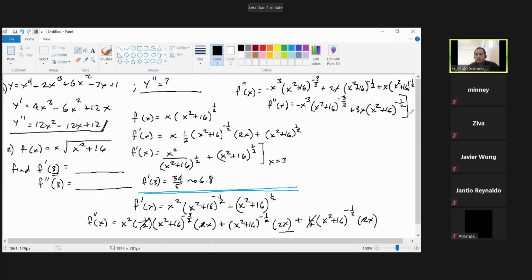And you just need to evaluate this at x equal to 3. We only have less than a minute left, so you should arrive at f double prime of 3 is now equal to 198 over 125. Okay, clear?